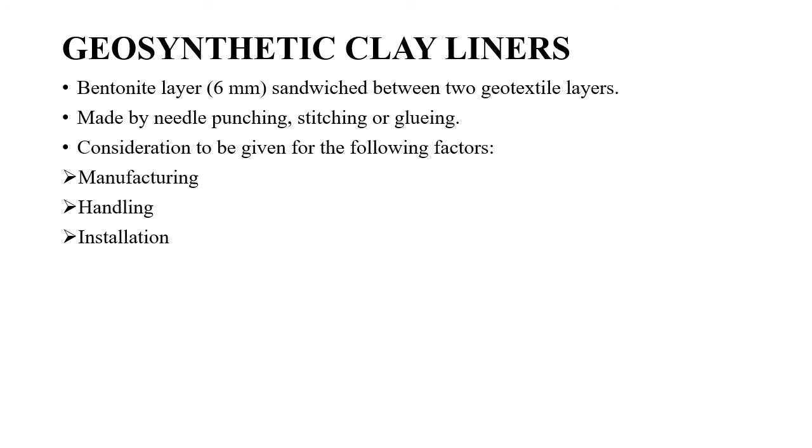In some cases, we can use a combination of both natural as well as geosynthetic liner materials in the construction of certain landfills. This is all based on the final requirement or specifications that have been designed for a particular type of landfill. So thank you all.